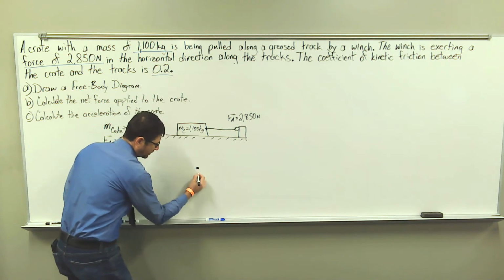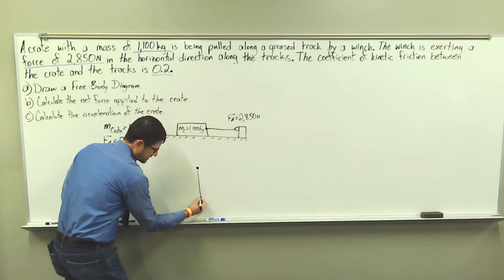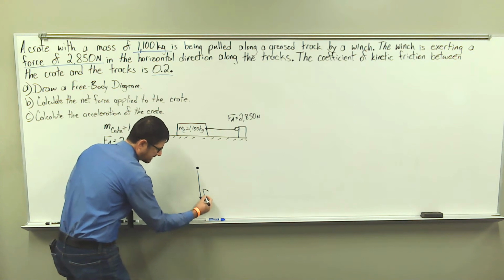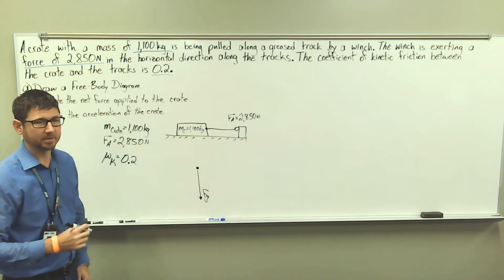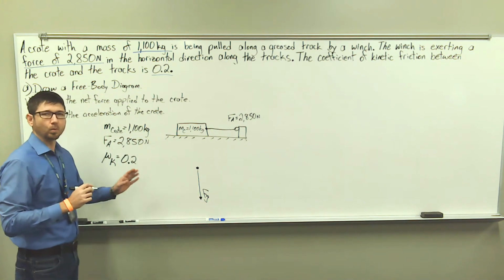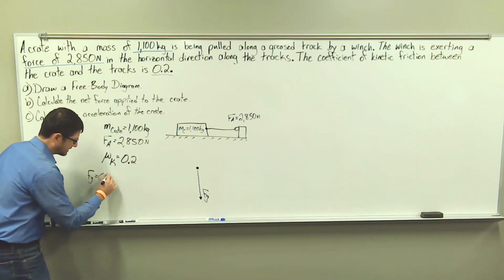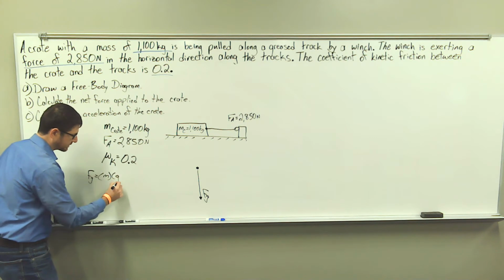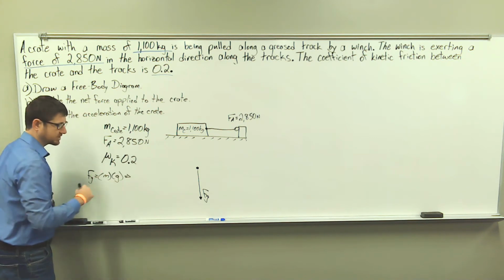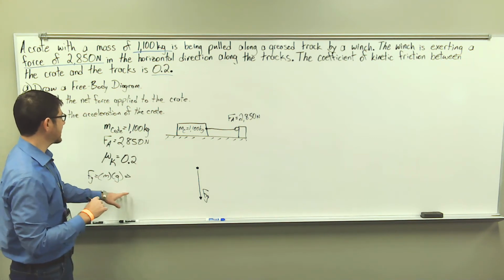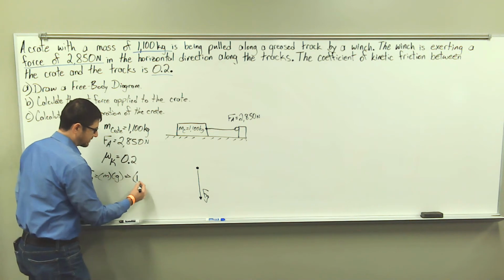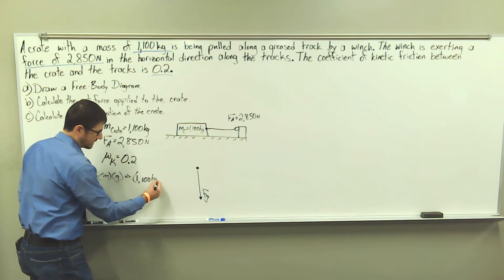Now, if we're going to draw a free body diagram, let's start out with the weight force of the crate, identified by F sub g. And we know the weight force due to gravity is equal to the mass of the object multiplied by the acceleration due to gravity. The mass is given to us. It is 1,100 kilograms.